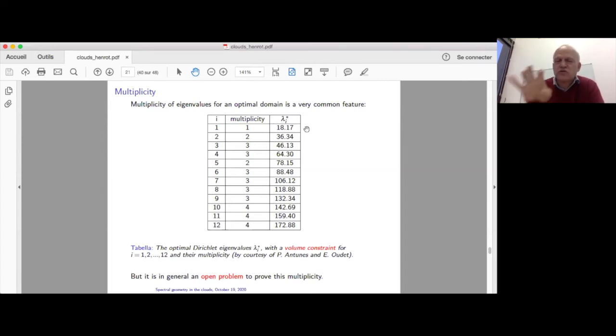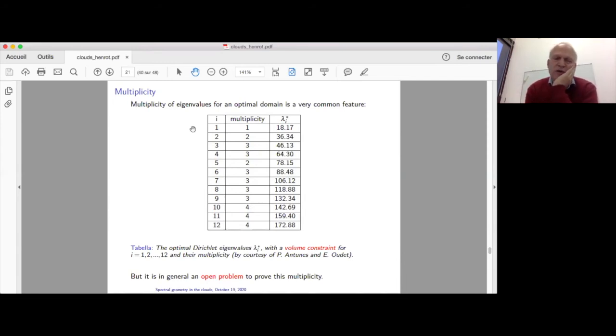So it is the area, I am in the plane, the area constraint is 1, and I give the value in the last column, which has the optimal value obtained for the shapes I showed on some slide at the beginning. And what I am interested in here is the multiplicity of this eigenvalue for the optimal shape.